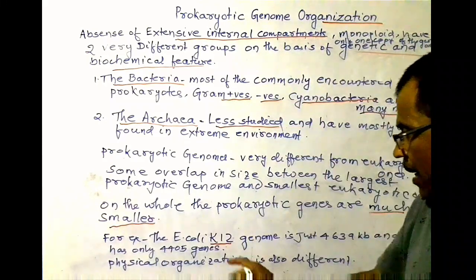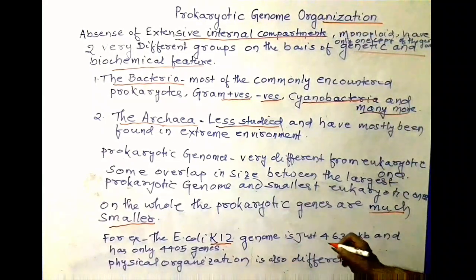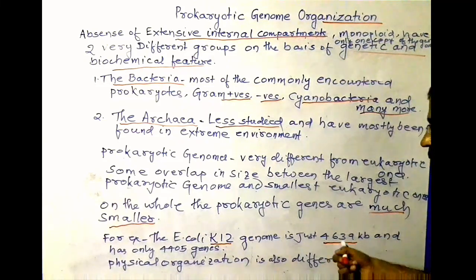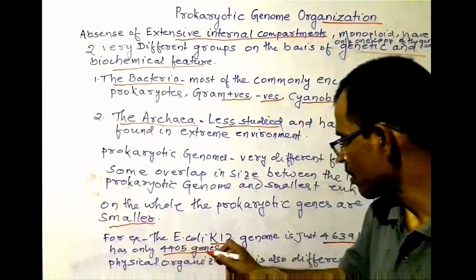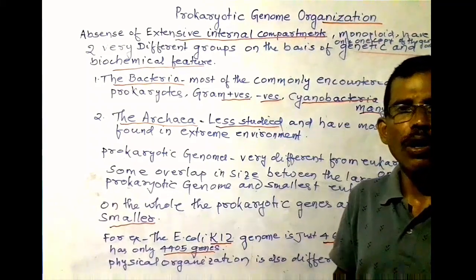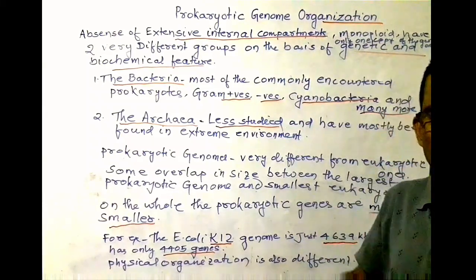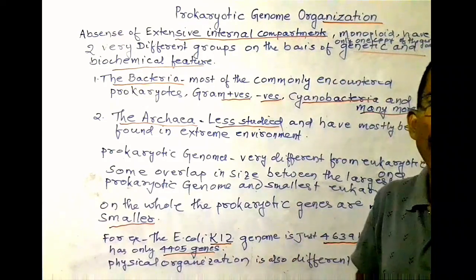In E. coli K12, the genome is just 4639 kilobase and has only 4405 genes. In addition to this, the physical organization of the genome is also different in prokaryotes and eukaryotes.